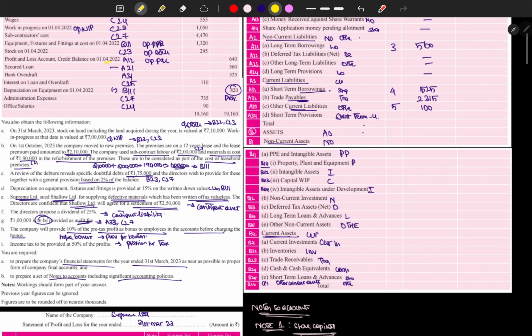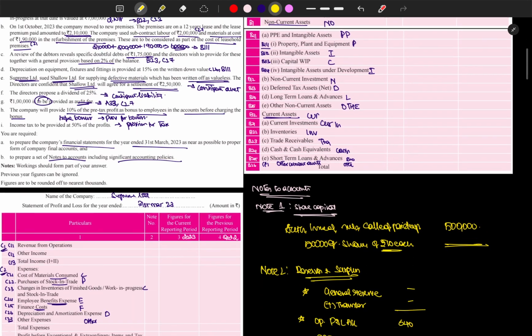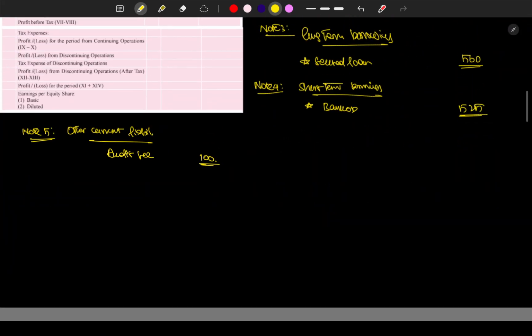Is there any short term provision? Yes, there are short term provisions, which have to be created. Note 6, short term provisions: provision for tax, provision for bonus.